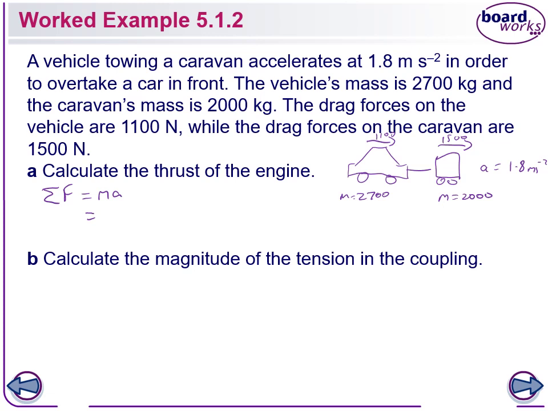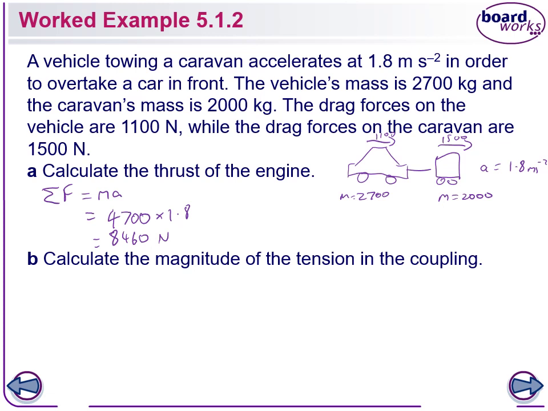It's the mass of the car and the mass of the caravan. So the mass of our entire system is 4,700, and the acceleration of our entire system is 1.8. That gives 8460 newtons. Now that is our net force. So the sum of our forces is 8460.